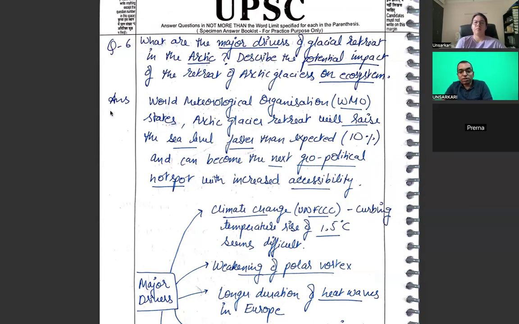First question says, what are the major drivers of glacial retreat in Arctic? So it's a specific question which is linked with the Arctic, but a couple of features will be common to the glacial retreat in Antarctica and also glacial retreat in Himalayas. Describe the potential impact of the retreat of Arctic glaciers on ecosystem.